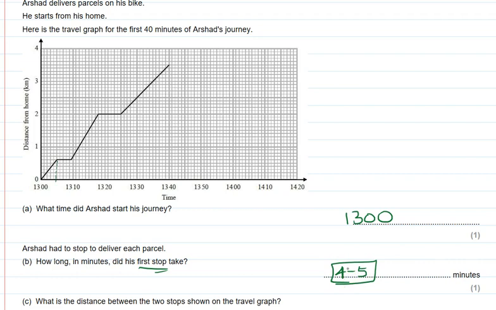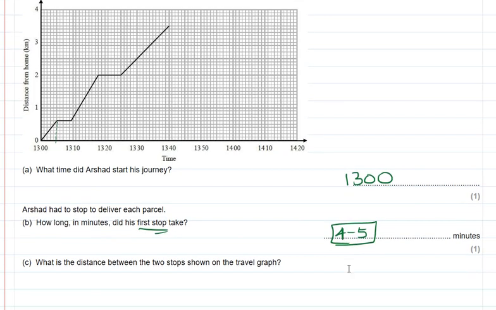And what is the distance between the two stops shown on the travel graph? So what is the distance? So if you see here, the two stops here, 1340. So what is the distance between the two stops shown on the travel graph here?